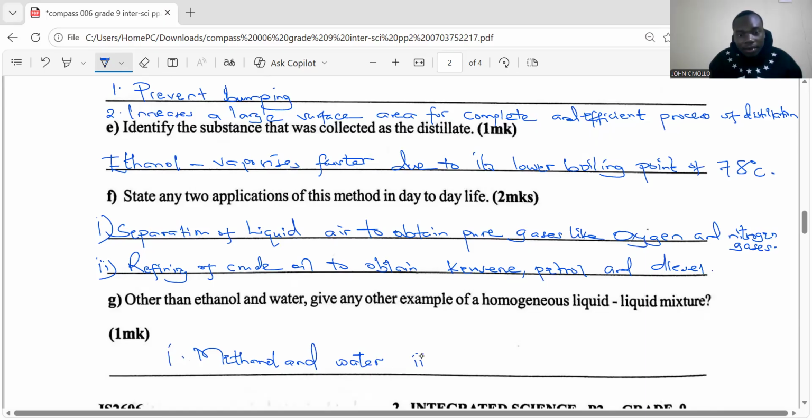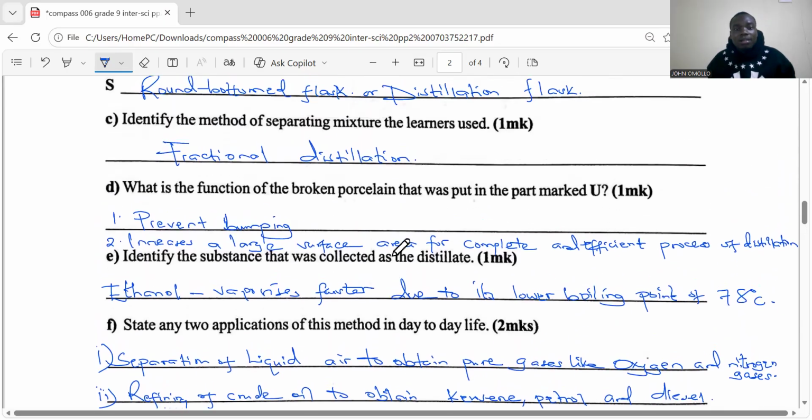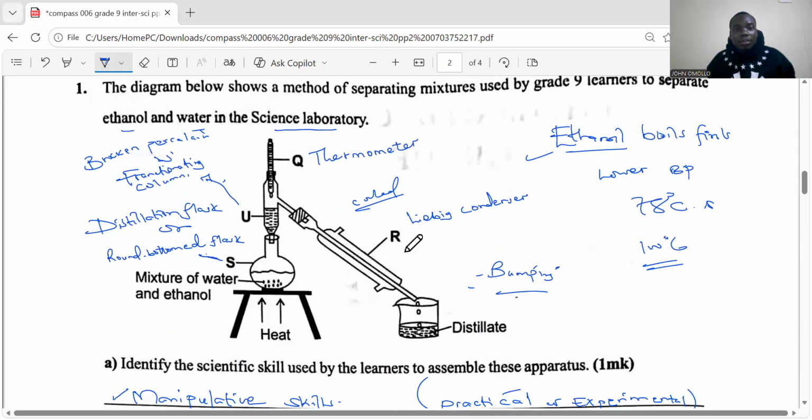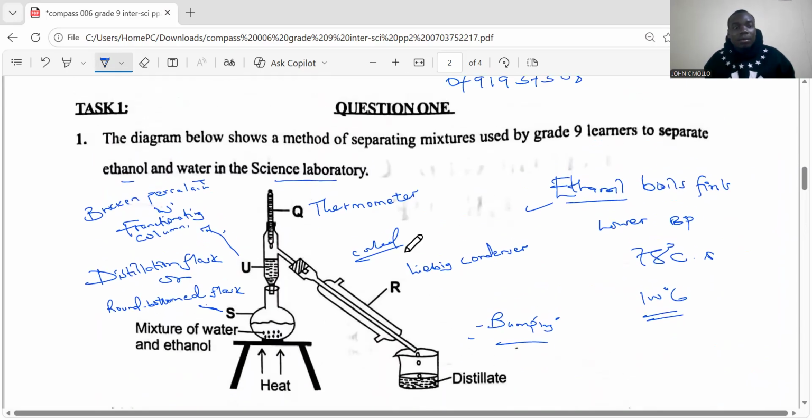Roman 2, we can talk about acetone or propanol and water. Those are liquid mixtures and they are homogeneous. So that marks the end of this question 1, paper 2, Integrated Science.